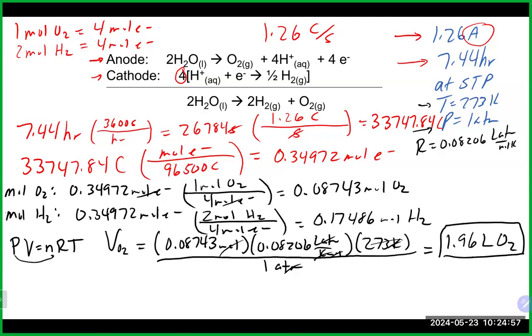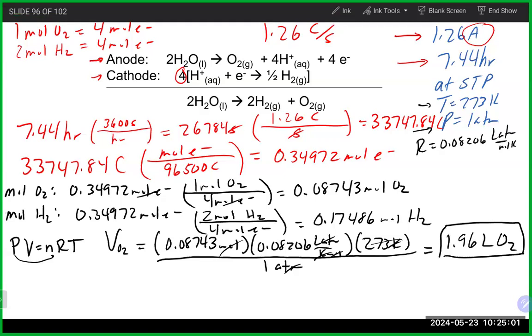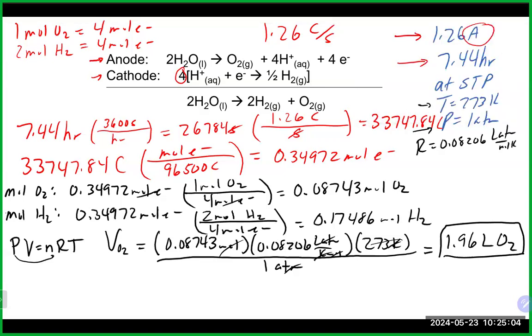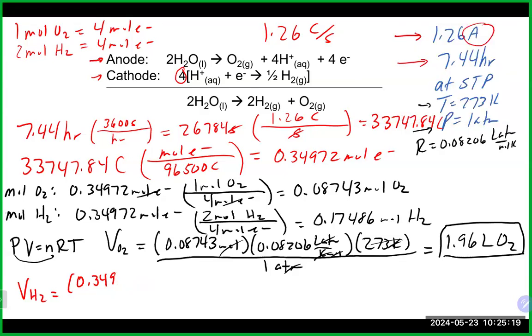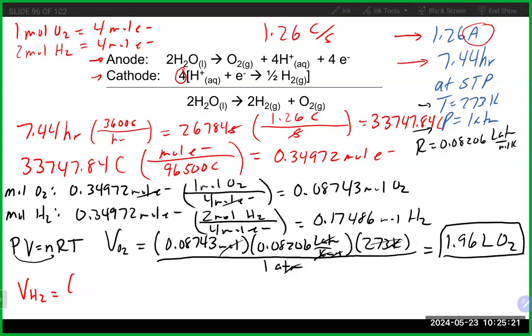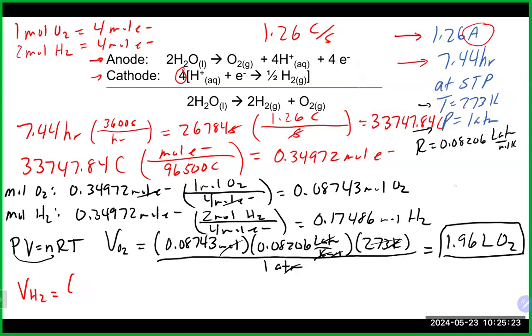We're going to do pretty much the identical calculation here for hydrogen, except we're going to use hydrogen's moles. So in this case, that would be 0.34972 moles. No, it would not. It would be the other number there that actually says hydrogen. It is hydrogen. There it is. 0.17486 moles.